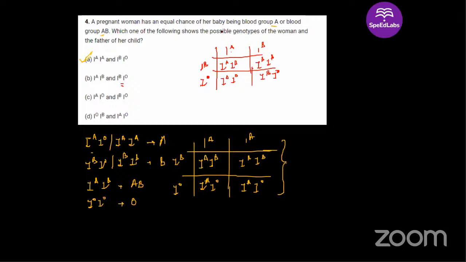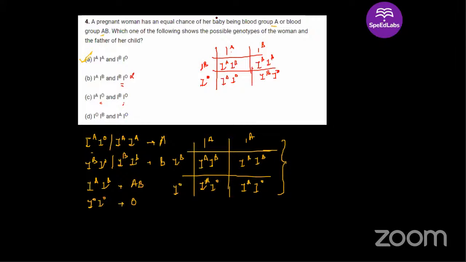The question has already given us the hint that you just have to focus on blood group A and blood group AB. So that's why B is not the answer. Understood? And in option C also, we are going to get the O blood group. So again, we have to focus on blood group A and blood group AB. So A will be the answer here.